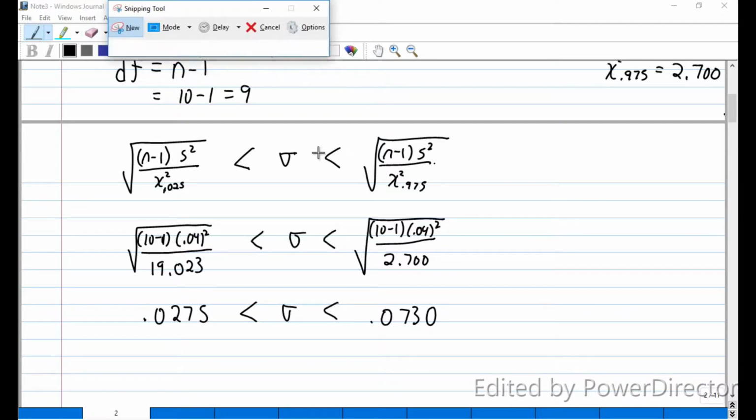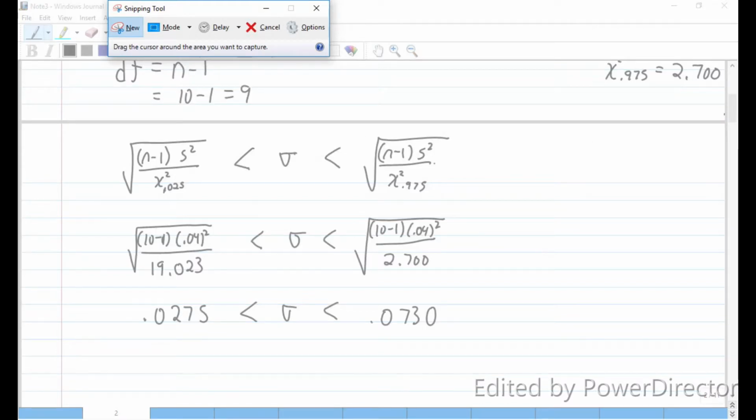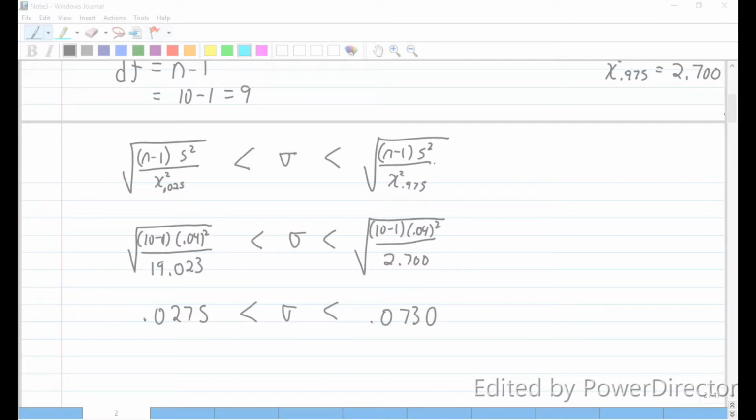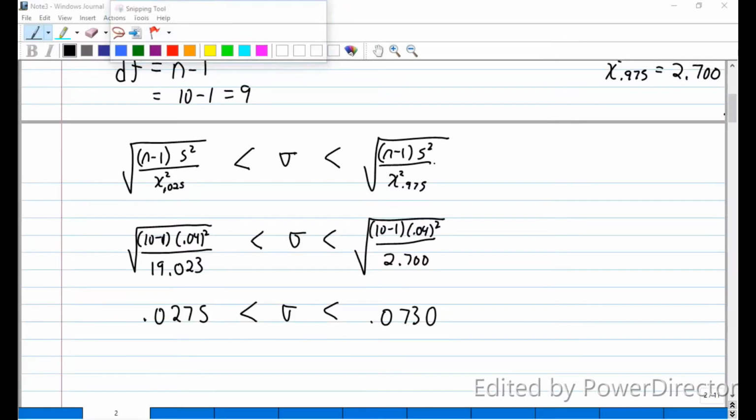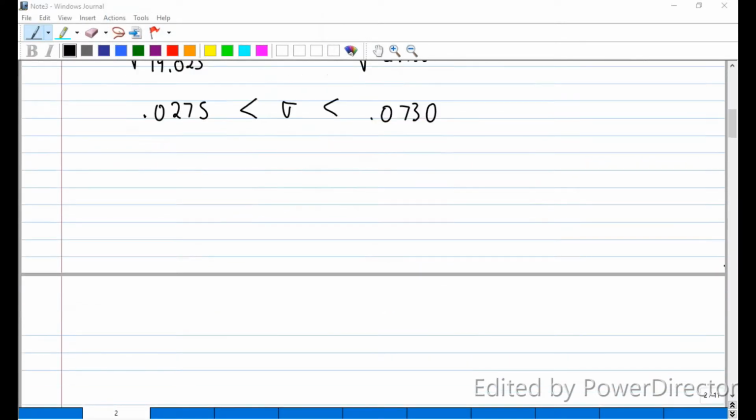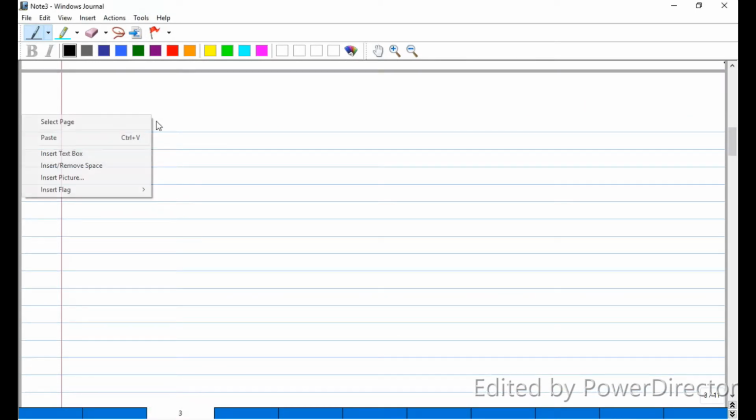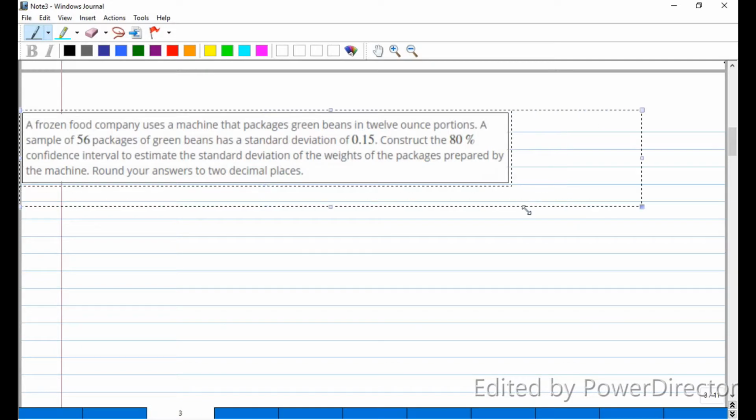When you start trying to draw conclusions about standard deviation and variance, it becomes a little more complex, so I could understand if some of you were a little confused here. I think after you work a couple problems, it won't be too bad.